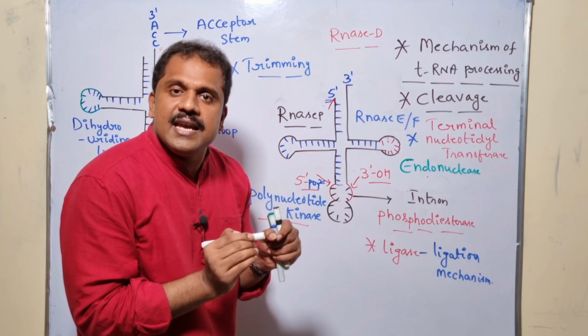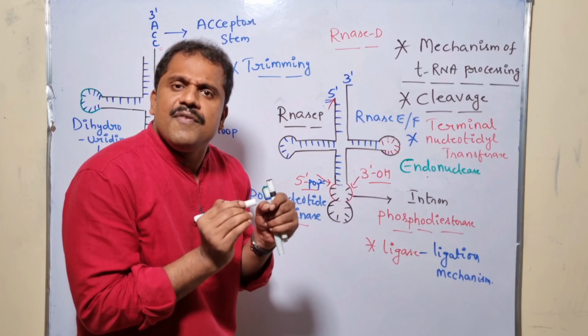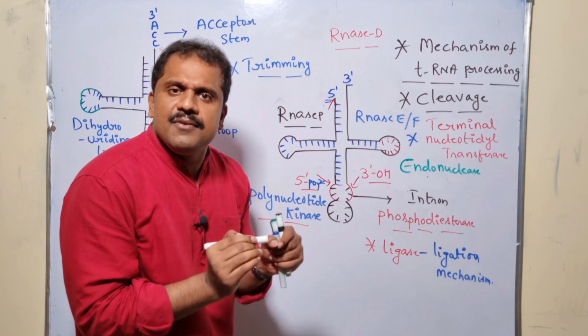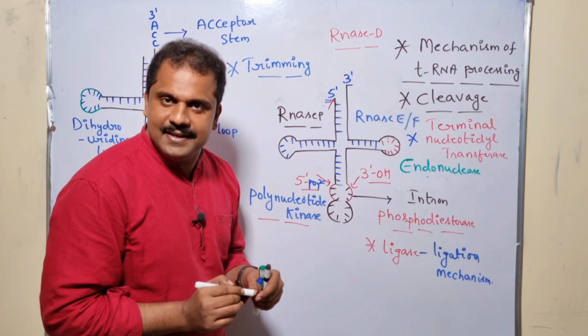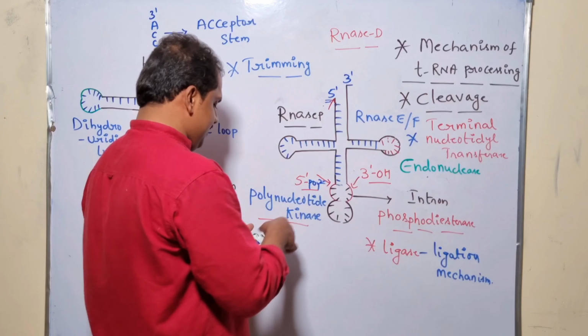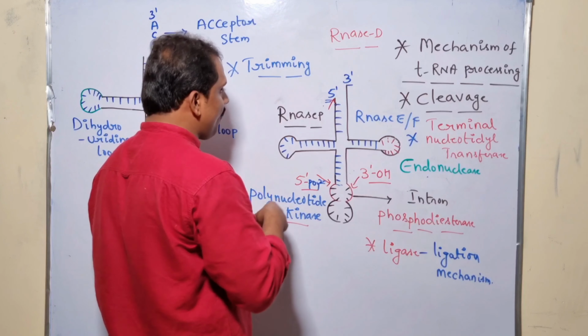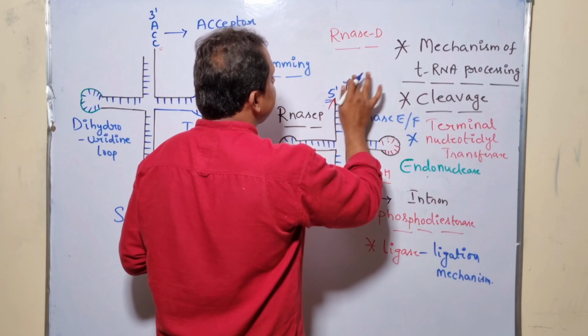It is the specific enzyme which is responsible for the successful recruitment of the trinucleotide sequence at the extreme 3' end of the tRNA. Is it clear? All the various nucleotides which are a part of the tRNA are encoded in the tRNA genome. Whereas the trinucleotide sequence which is present at the extreme 3' end of the tRNA is not encoded in the tRNA genome. So during the tRNA processing mechanism, terminal nucleotide transferase is responsible for the successful recruitment of the trinucleotide sequence at the extreme 3' end of the tRNA. Is it clear?